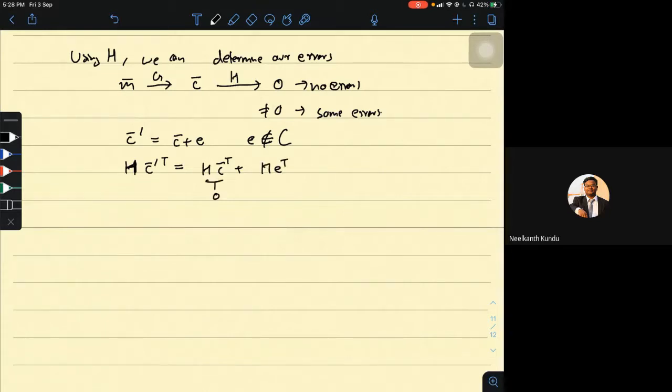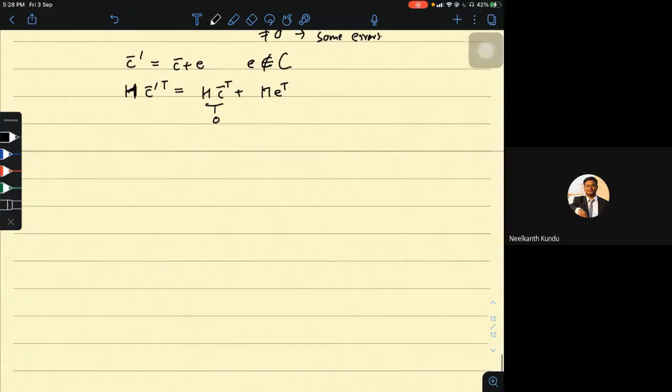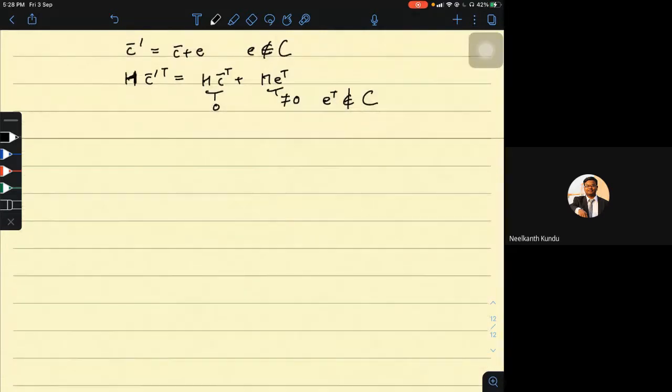The first term goes to 0 by definition because my code space is perpendicular to the dual space. The second is non-zero because E does not belong to my code space. Hence I can determine my error. Once I have this, I can just multiply by H inverse and I get E transpose.